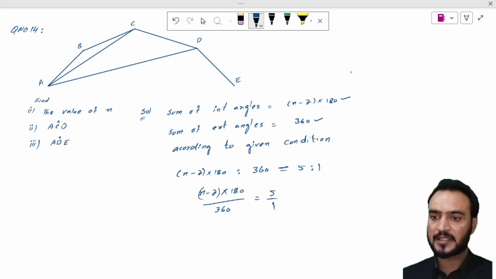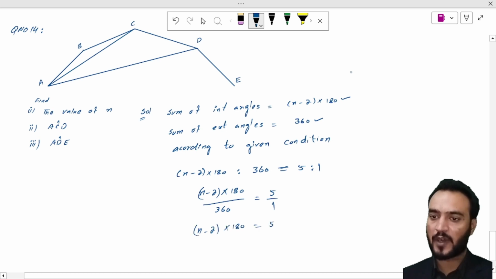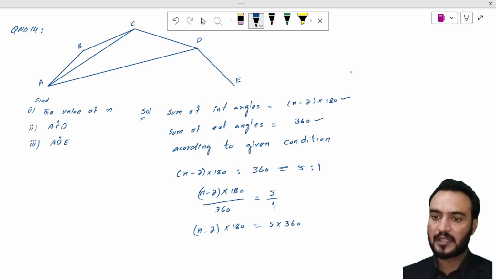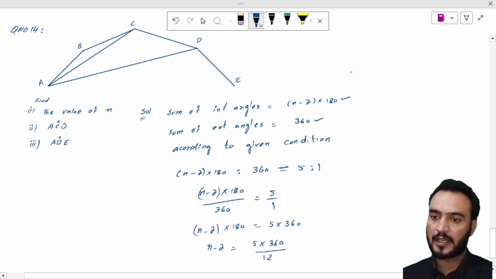We multiply 360 on the right side and we get n minus 2 times 180 equals 5 times 360. On the left side, 180 is multiplying with n minus 2, so we divide the right side by 180. So the value of n minus 2 will be 5 times 360 over 180.